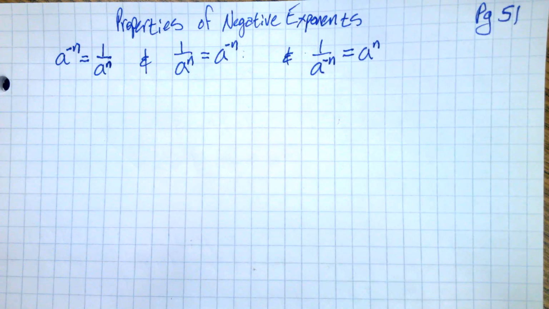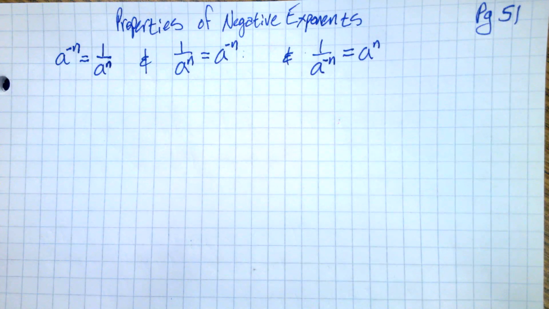If you can keep those in mind, along with everything else we did yesterday, because all other properties of exponents apply. If we're multiplying powers, we add the exponents. If we're raising a power to a power, we multiply the exponents. If we have multiple factors raised to a power, we distribute that exponent.